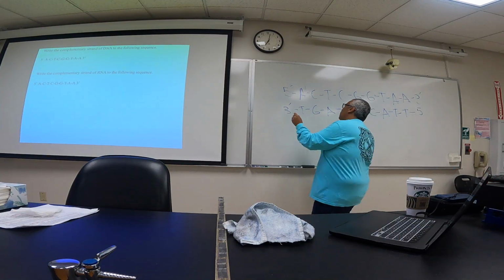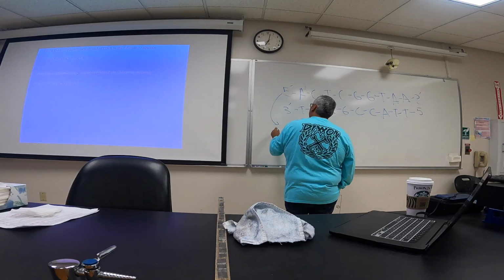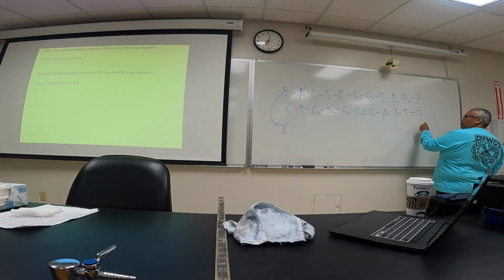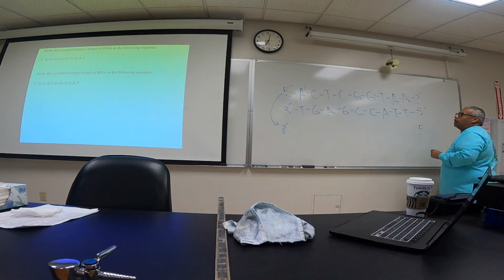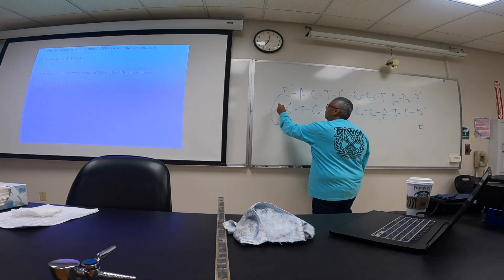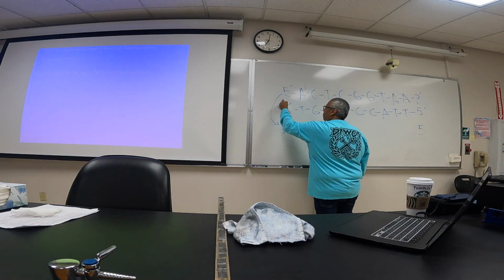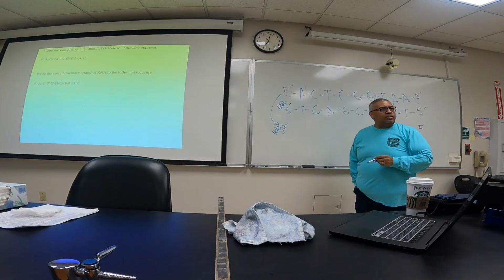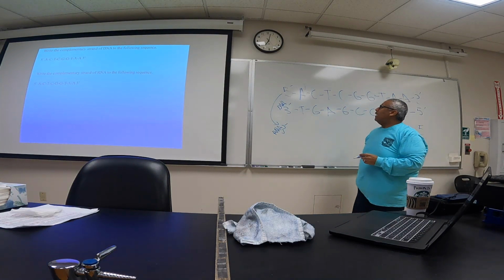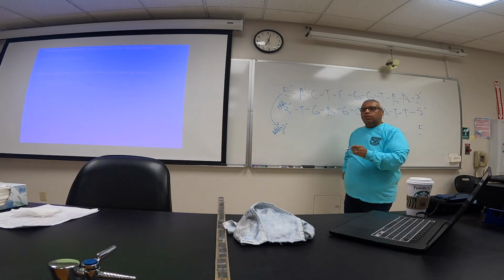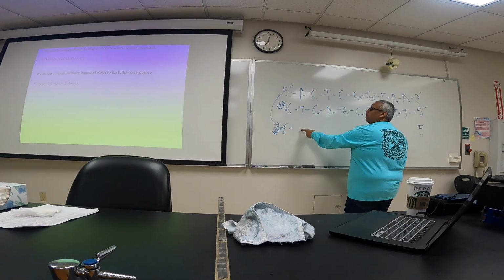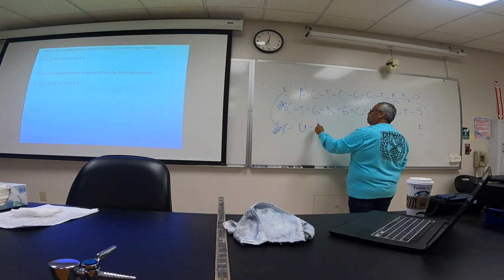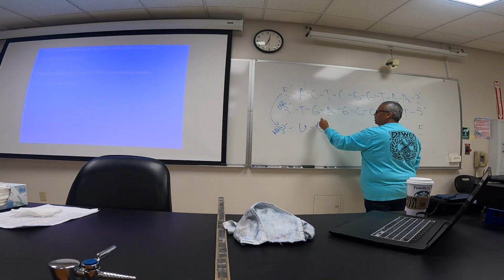Now, if we wanted to get the complementary RNA strand, there is a difference. So we know that this is DNA, and now we want a complementary RNA strand. Knowing that A doesn't bond to T, A bonds to U. So the complementary RNA strand would then be U, G still, right?